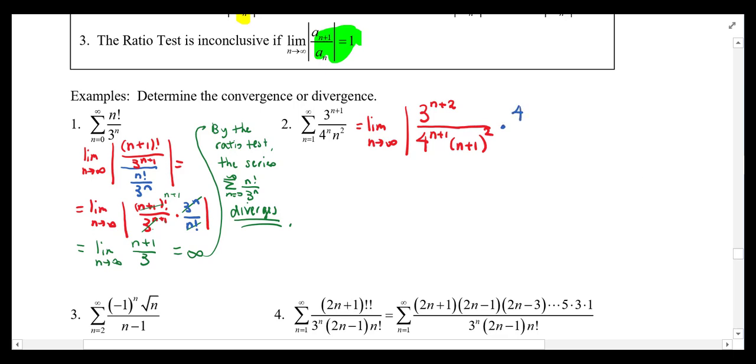So I just write the denominator in the numerator, and also the numerator in the denominator. Good. And now we're set to simplify. So I hope you can see that the 4 to the power n plus 1 gives you just a 4. The 3 to the power n plus 1 and the 3 to the power n plus 2 just gives you a 3 on the top. And I think that's all we can do.